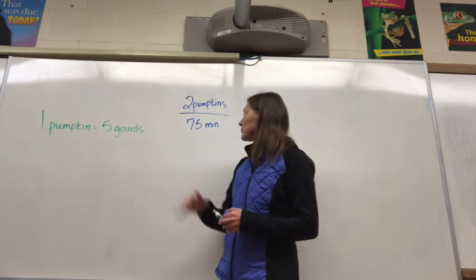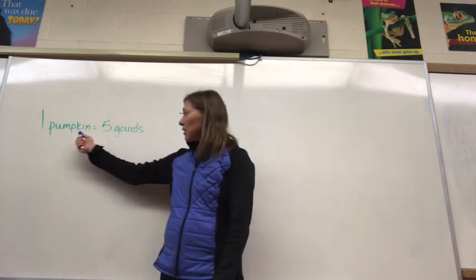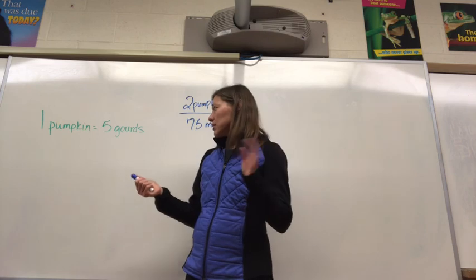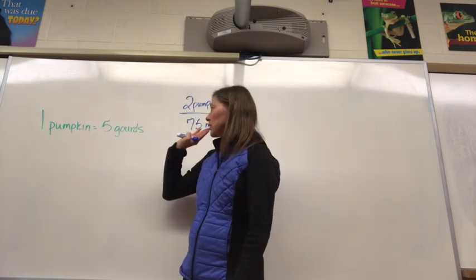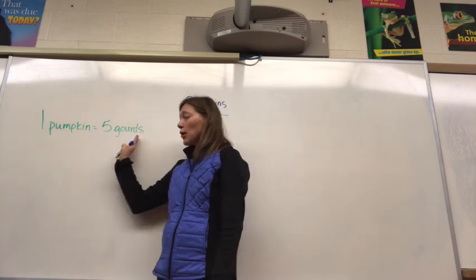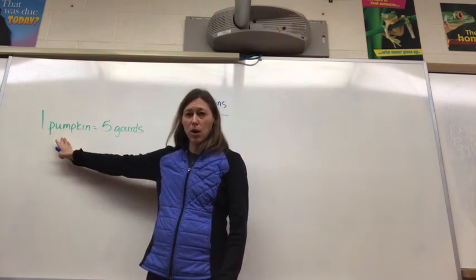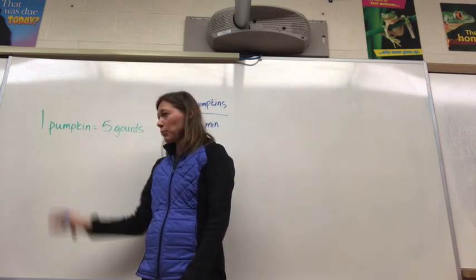Okay? All right, so let's say then, just because, you know, this has to be true, let's say 1 pumpkin is equal to 5 gourds. That means I could prepare 5 gourds in the time that it takes to prepare 1 pumpkin. Okay, so this is important when we're figuring out the rate.